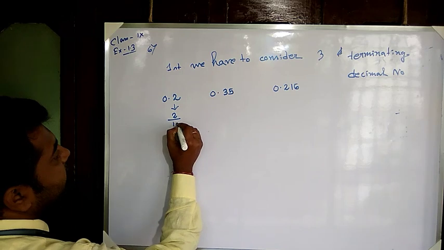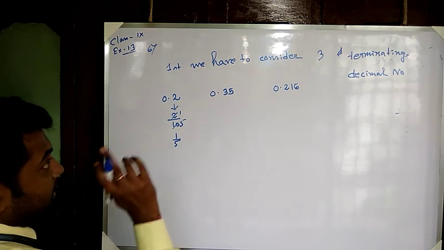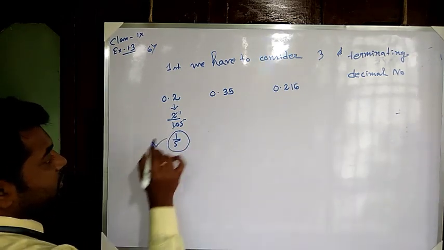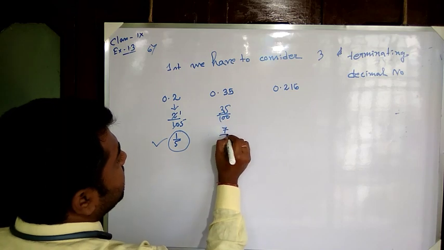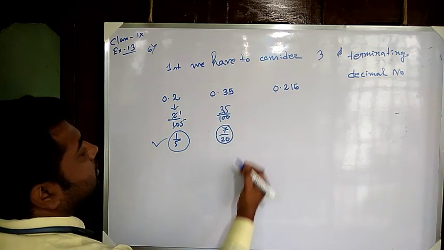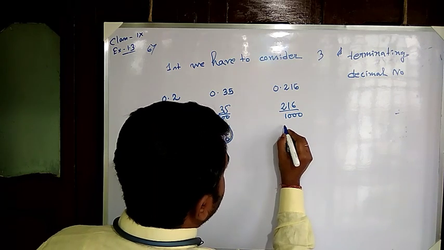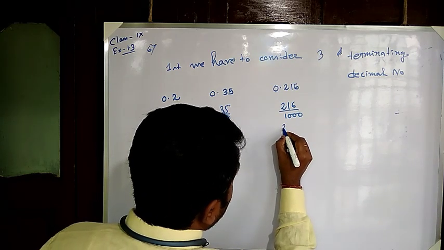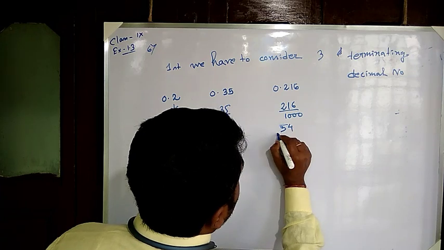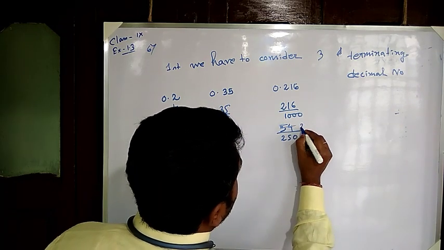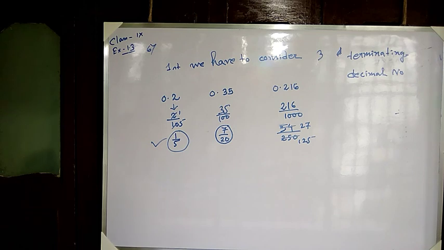So now you simplify these. 0.2 means 2 by 10. If you simplify this, your p by q format is 1 by 5. 0.35 means 7 by 20. 0.216 equals 27 by 125.